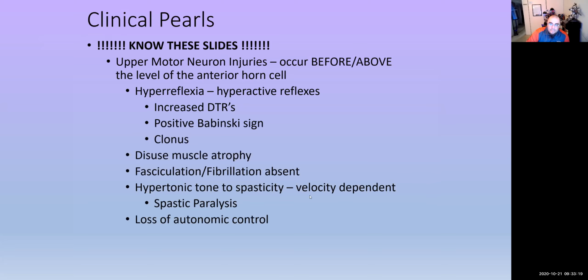And that spasticity is velocity dependent. What would velocity dependent spasticity mean? Spasticity means I'm tightening up like this. So let's say I'm spastic and I'm up like this, and you pull to stretch me out.